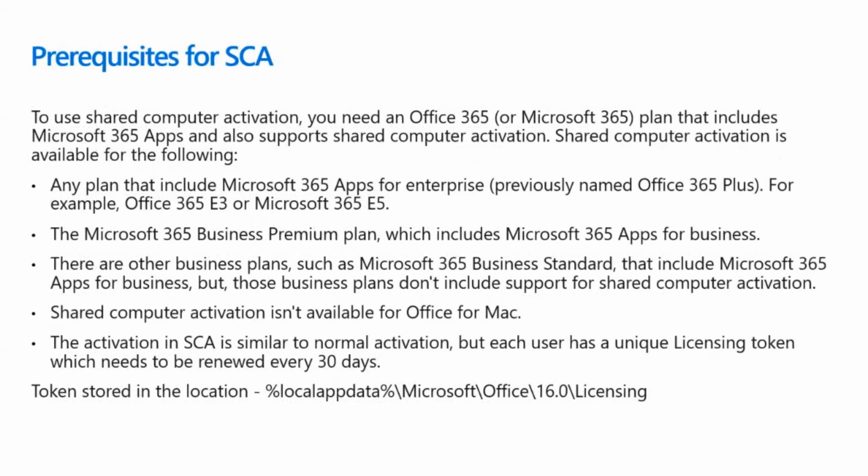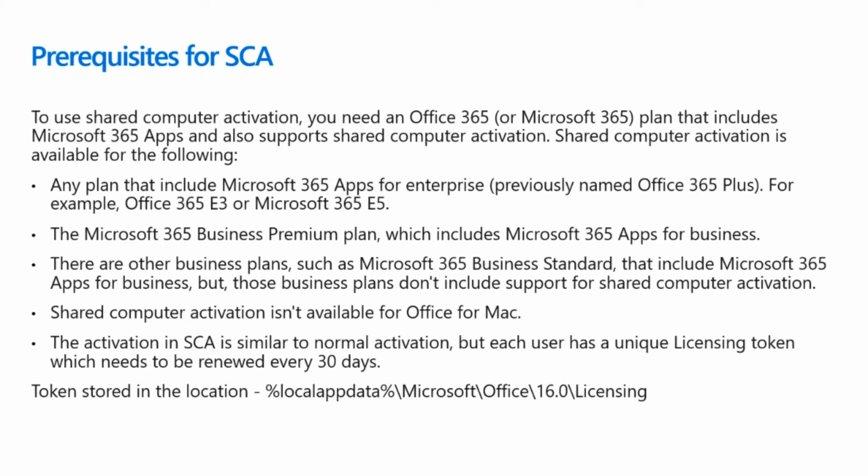Some of the prerequisites for shared computer activation: in order to use shared computer activation, you would need an Office 365 plan that includes Microsoft 365 apps. When it comes to normal activation, there is no such criteria on what kind of license.